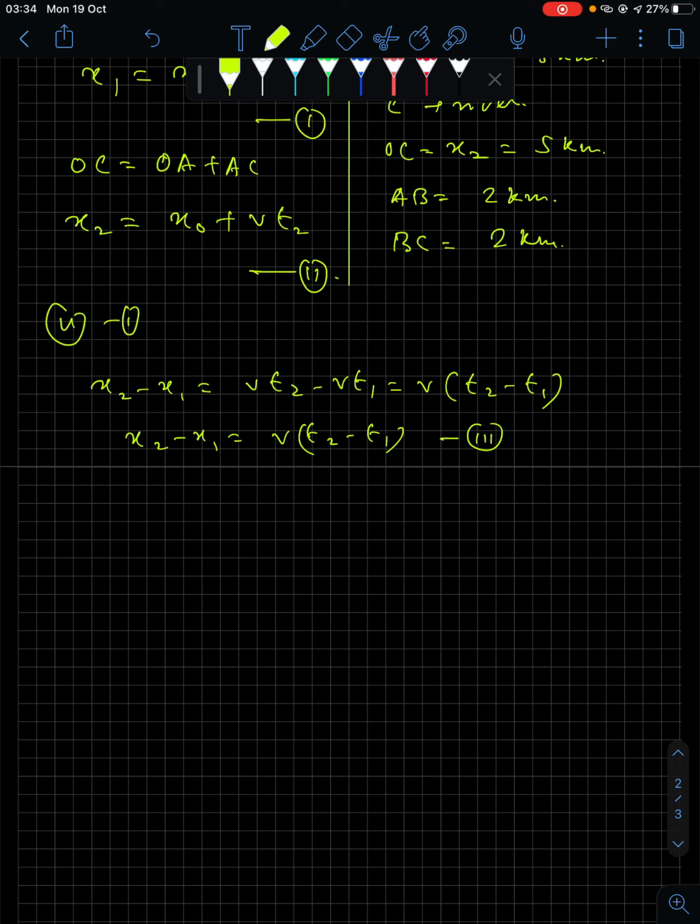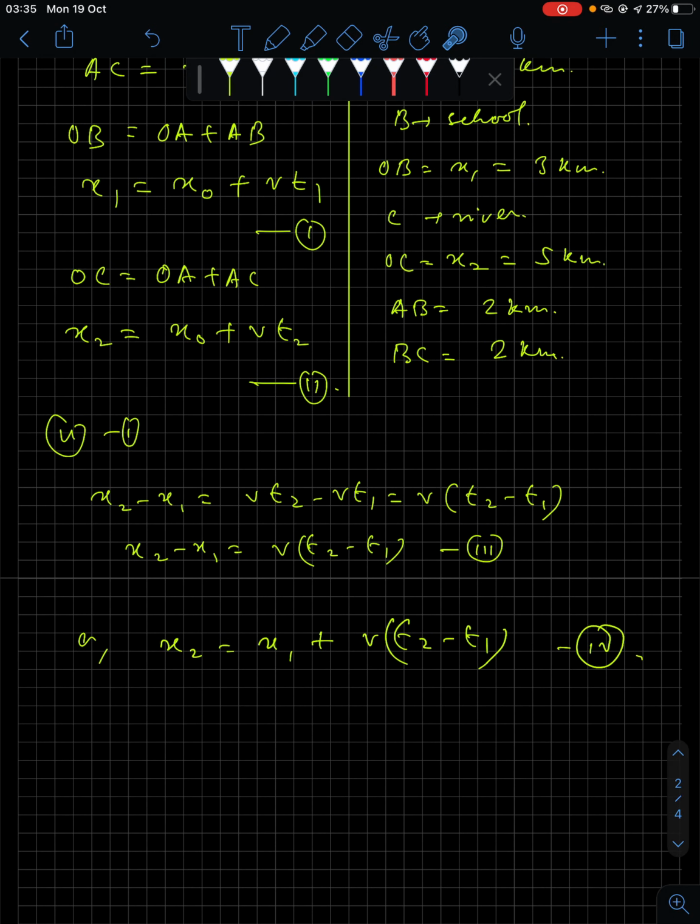Now from this equation we can write x2 equals x1 plus v(t2 minus t1), and this is your equation number 4. What information does equation number 4 give you? Equation number 4 tells you about the position x2 in the time interval t2 minus t1.